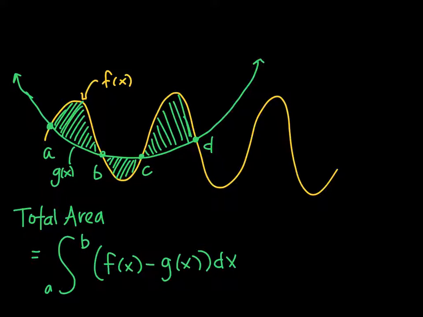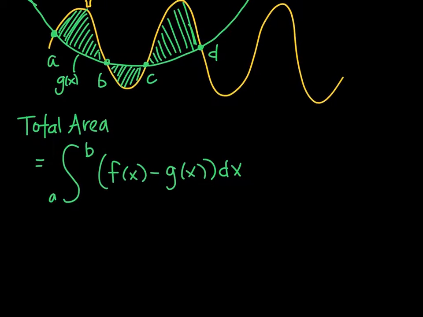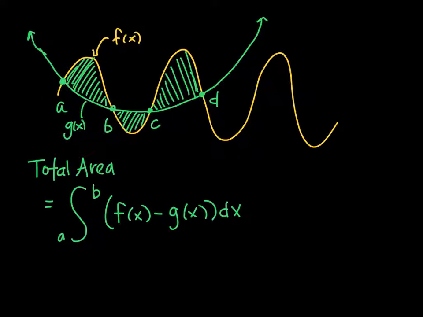Then what happens between B and C? What's different? The yellow curve, the f of x curve, is now dropped below. And so when you do the integral from B to C, you have to switch the order because the upper boundary in that section is being formed by the g of x curve, and the f of x curve is the lower.